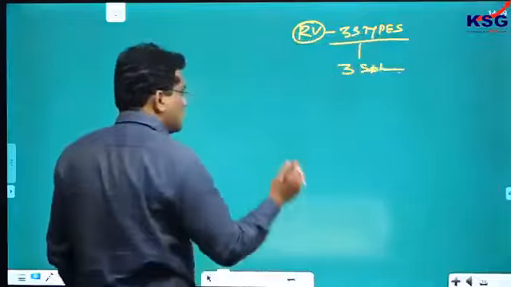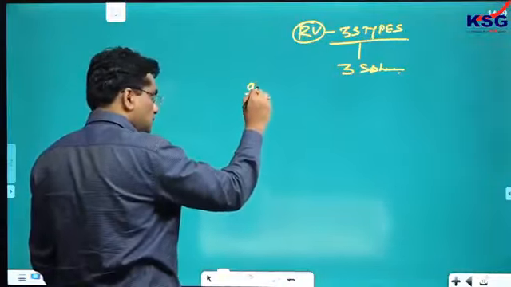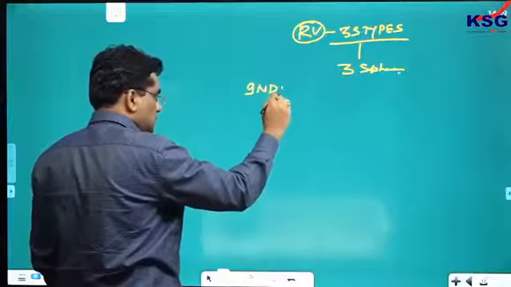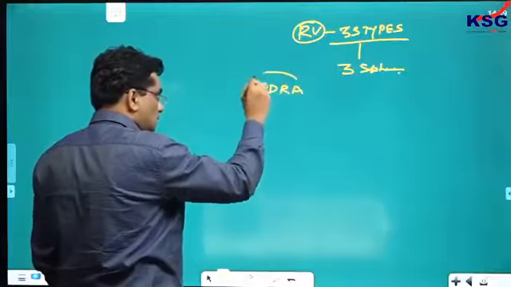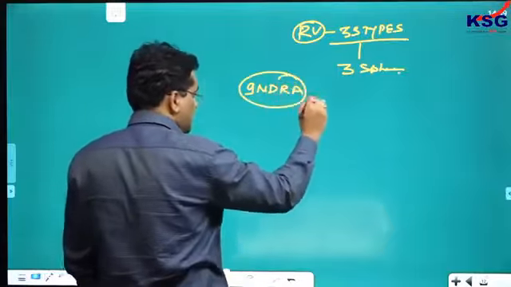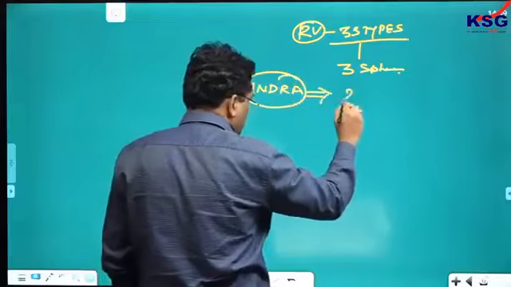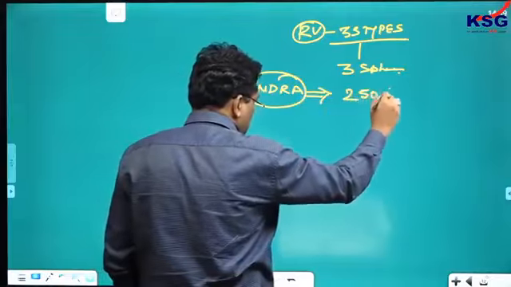And the highest God is Indra. Indra is the highest God of Aryans. It was around 250 times in the Rig Veda.